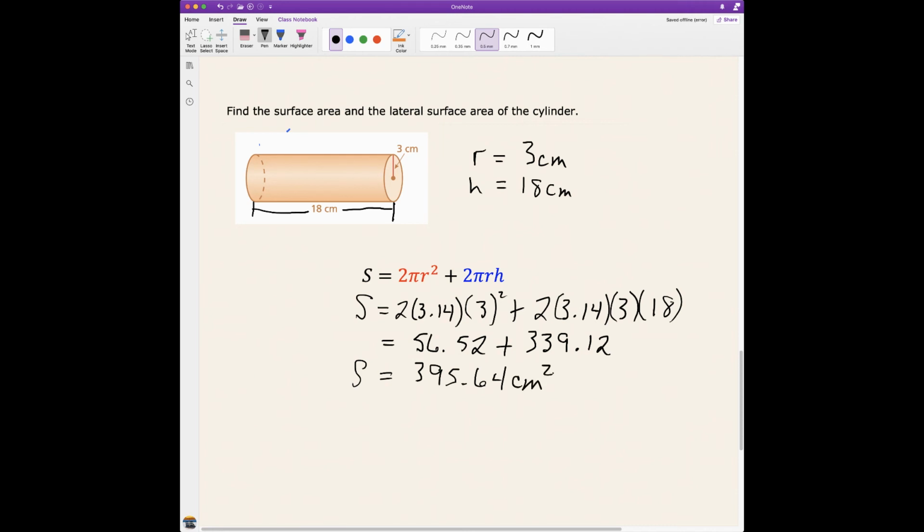That's excellent. And so let's go back and take a look at what part of this question said. Let's find the lateral surface area. And to do that, which one of these formulas are we going to use? Are we going to use this part of the formula to find the lateral surface area, or this part of the formula? Okay, good.